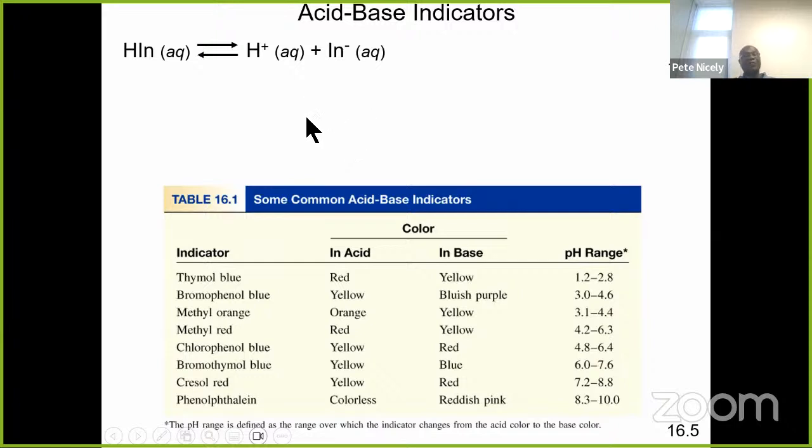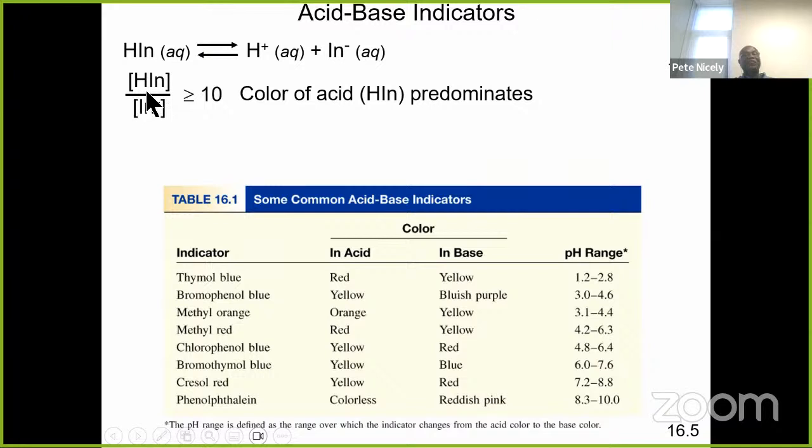Now, as a guideline, this is what you'll actually observe. If the ratio of the undissociated molecule to its conjugate base is greater than or equal to 10, the color of the undissociated molecule will predominate.